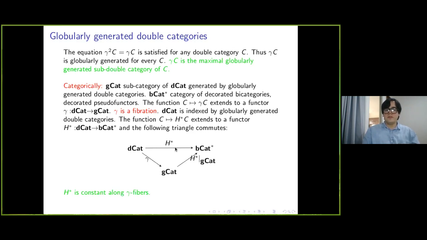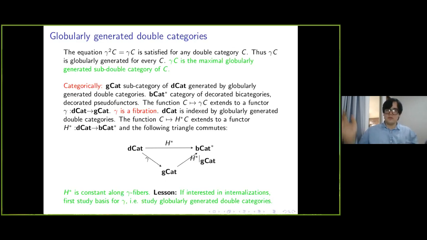And this functor here restricts to a functor from here to here, making this triangle commute. So the H-star functor here is constant along the fibers of our fibration. So the lesson here is that I'm just trying to say this in different ways, but the idea is if we're interested in internalizations, we better first study the base of this fibration gamma.